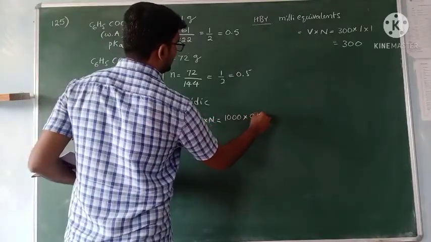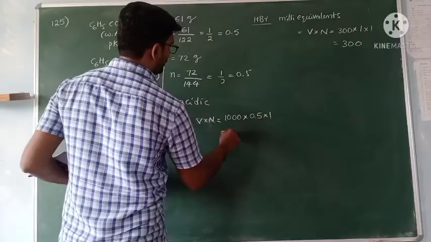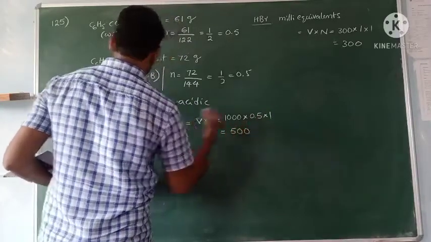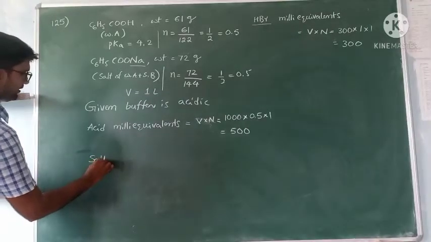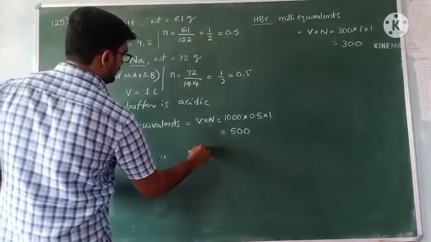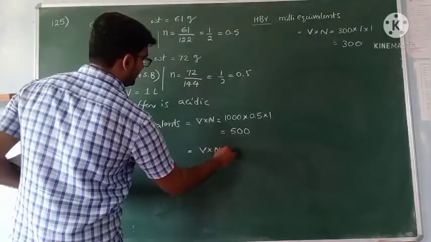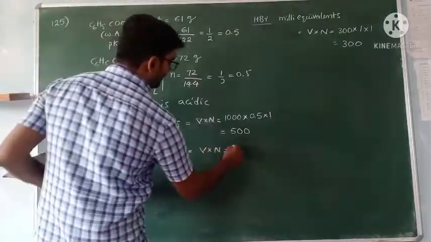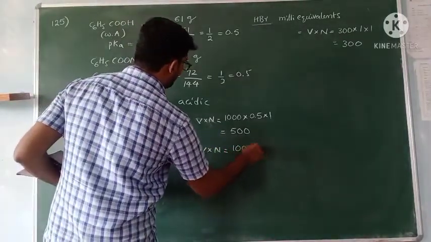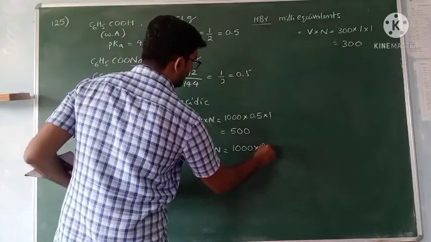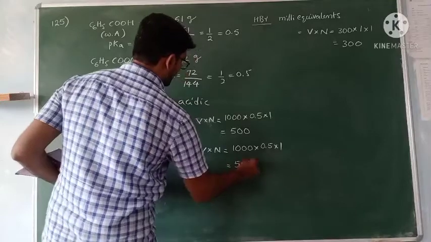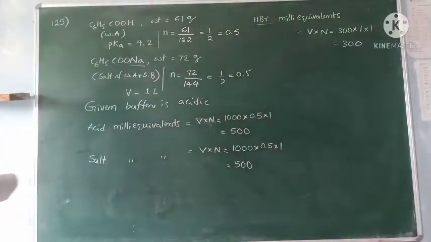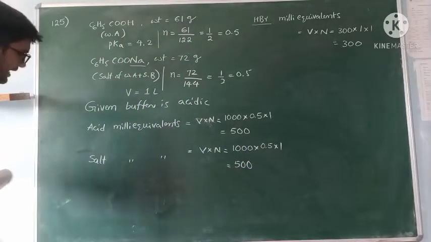Molarity means number of moles, here 0.5 into 1. So this is 500. And the second one, salt milli-equivalents, is also V into N, volume here also 1 liter, 1000 ml, into number of moles 0.5 into 1. This is also 500. So for pH, we know how to calculate pH.